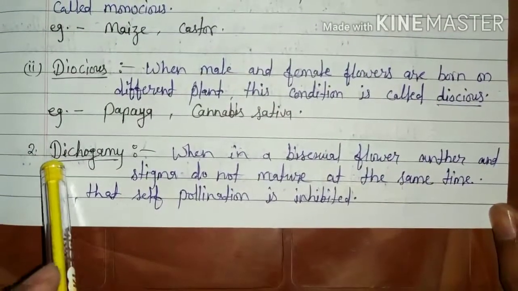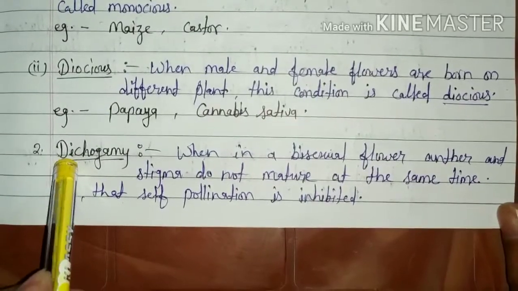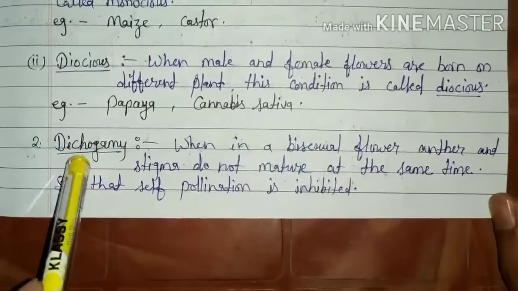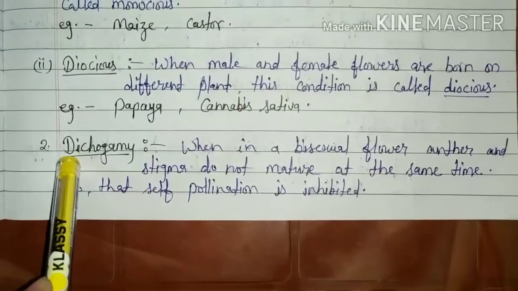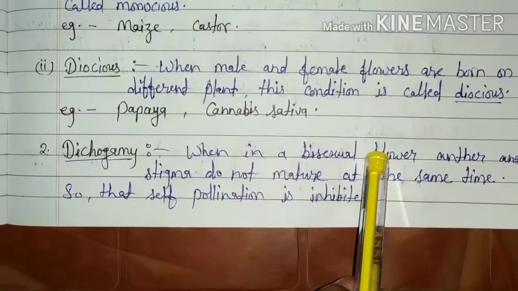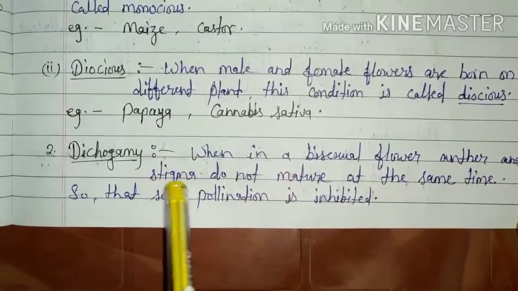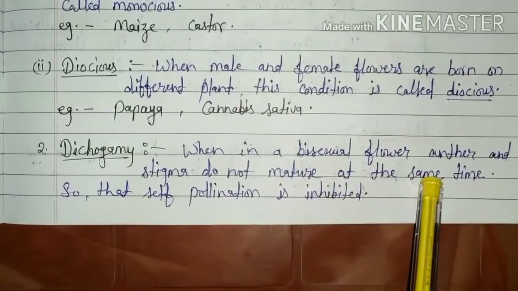Now, the second adaptation for cross-pollination is dichogamy, when in a bisexual flower, anther and stigma do not mature at the same time.